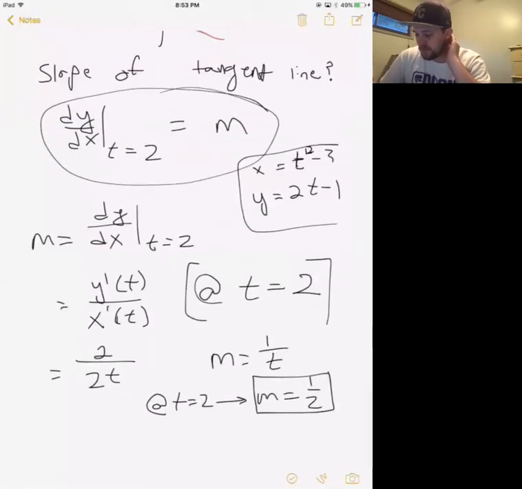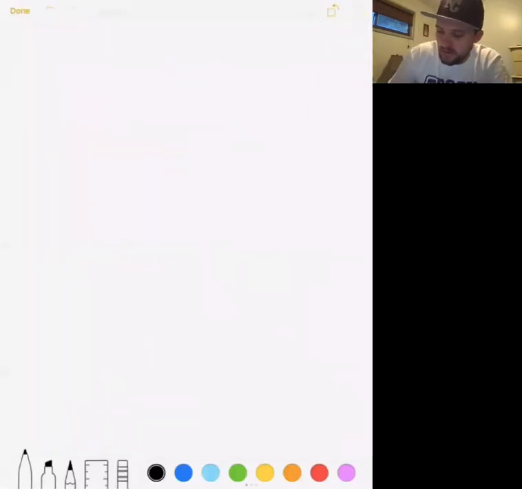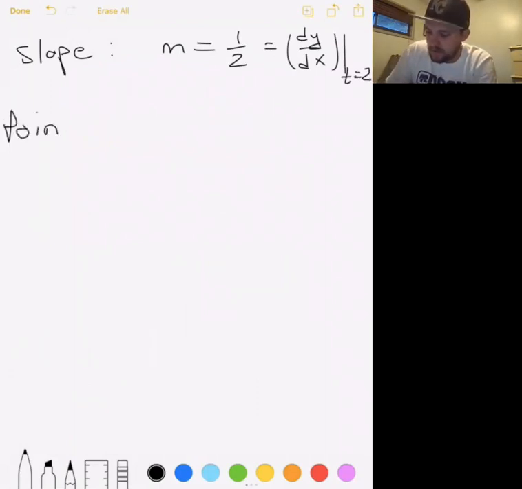So here we found the slope by taking the derivative. And now, slope m equals 1/2, which, again, to reiterate, was the derivative of our curve at t equals 2. Okay, and now how about the point? Well, we're at t equals 2.